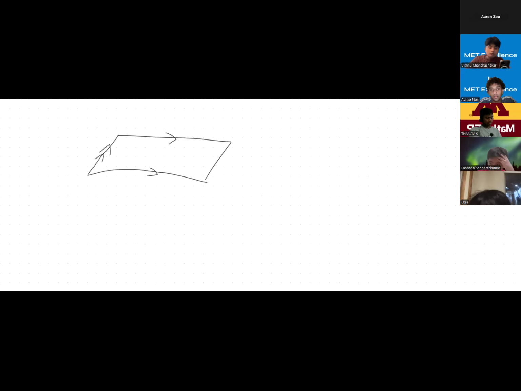I'm going to call this length 10, this will be 4, and this would be the square root of 116. So I want you to tell me what the area and perimeter are.